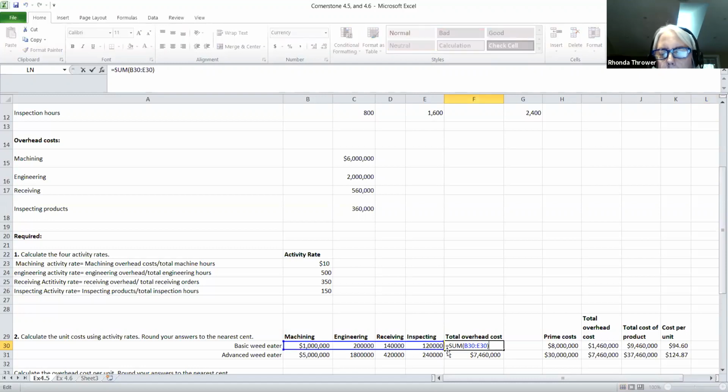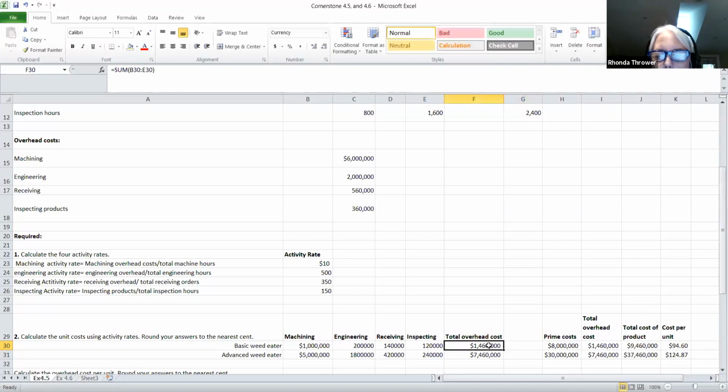All of these costs right here added together will give you that sum of the total overhead cost. Now, you have to find the overhead cost first for each product. Then you would take the overhead cost and divide it by the number of units that were produced of the basic weed eater, and that would give you the overhead cost per unit, which they're going to ask you for in the next part.